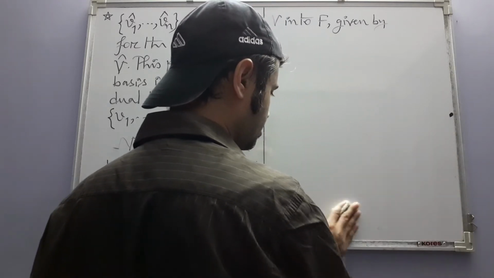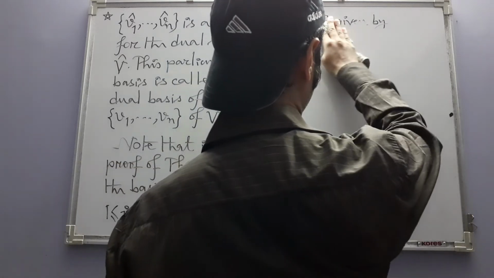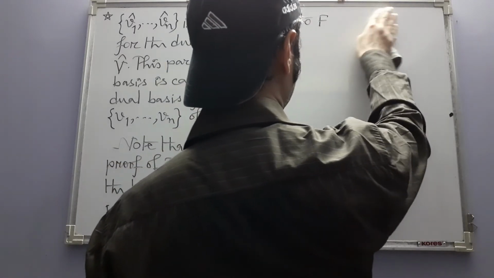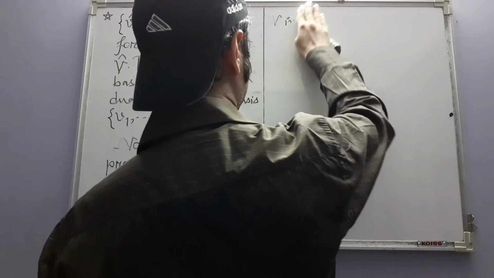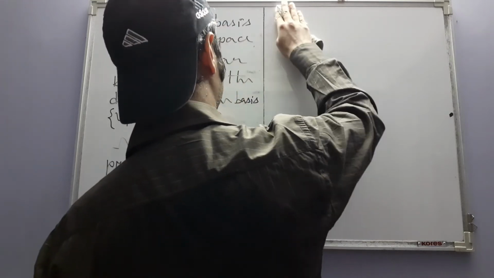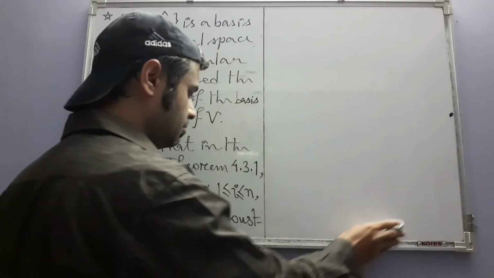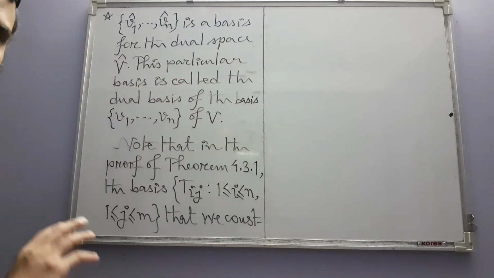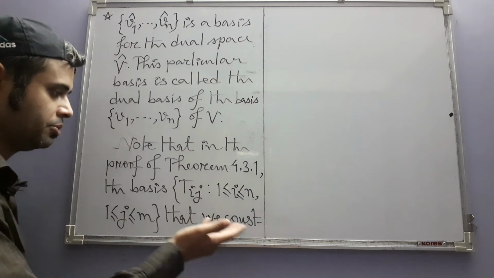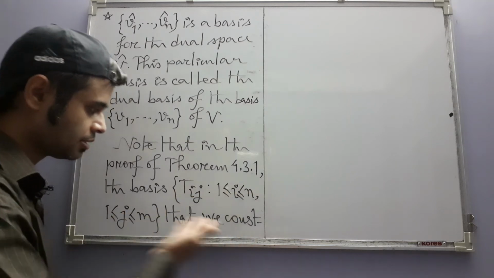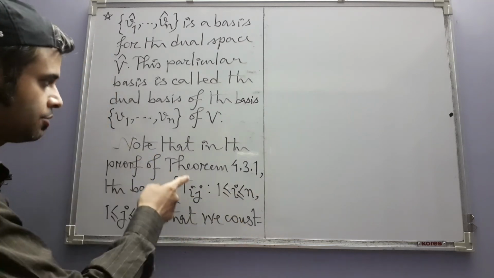So what the author is trying to say here is that if some construction or definition or anything depends on such a variable object, like for example this basis, that is what we have here.